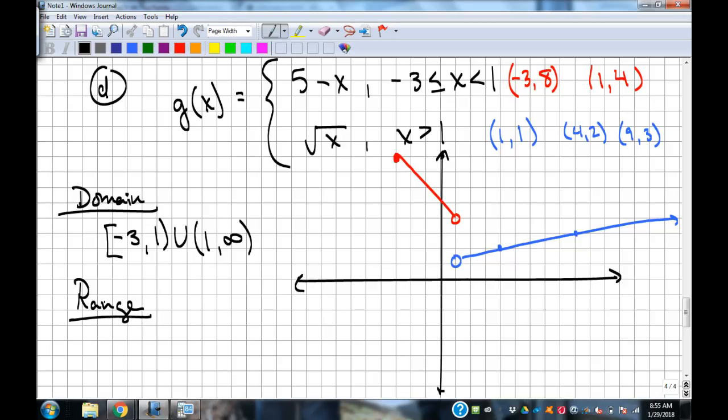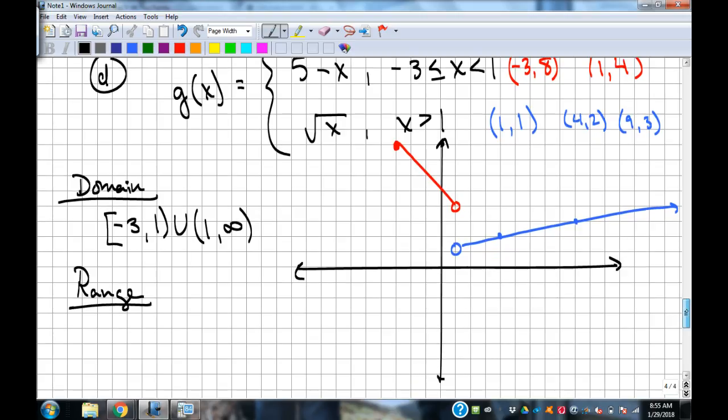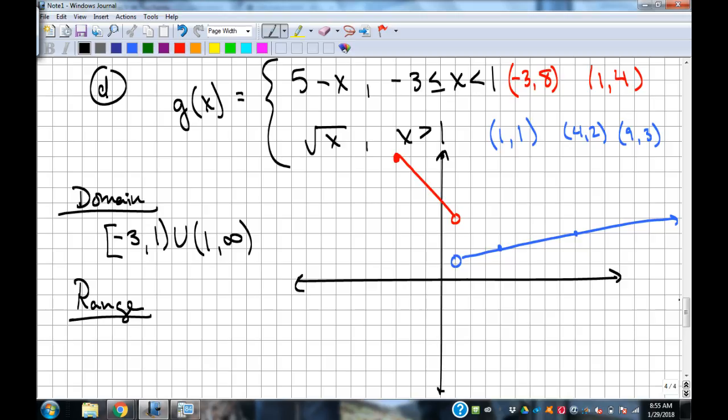Range. We're reading bottom to top. So when we read it bottom to top, who do we come in contact with first? Blue one, all right? What's its lowest y value? Is it included? No, so parenthesis. What does the blue one continue to do? It goes on up to infinity.